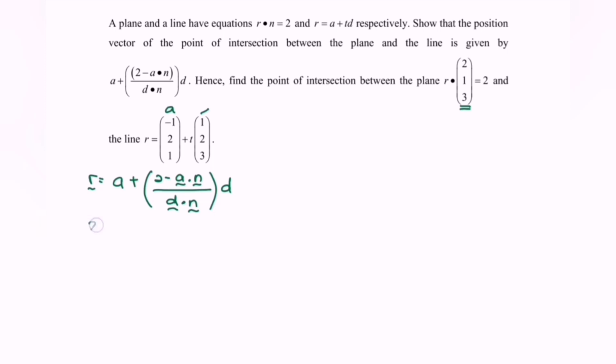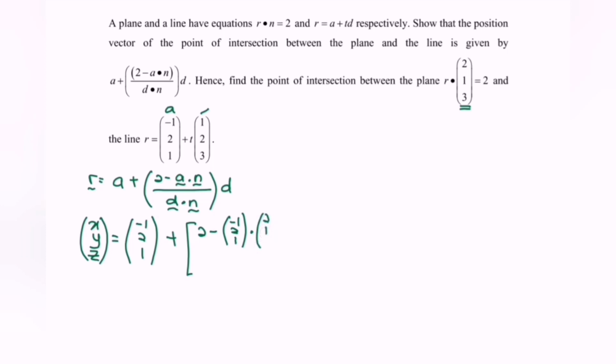So here we have (x, y, z) equals a, (-1, 2, 1), plus the bracket (2 minus a dot n), where a is (-1, 2, 1) dotted with n (2, 1, 3), over d dot n, where d is (1, 2, 3) dotted with n (2, 1, 3), multiplied by d, (1, 2, 3).